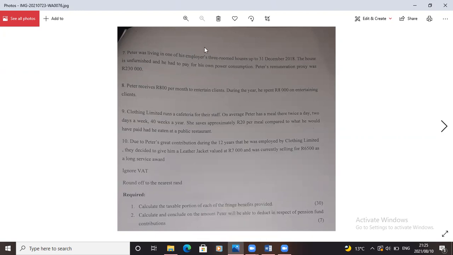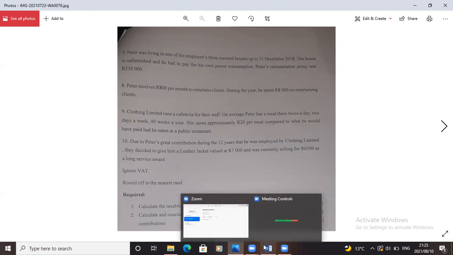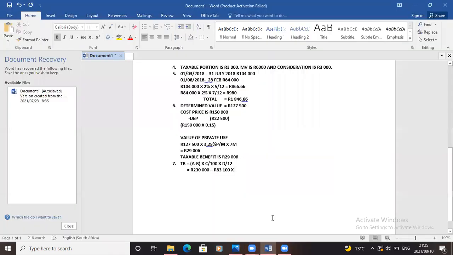Then how many months? Peter was living there up to 31 December 2018. How many months? 10 months, which we multiply by 17 over 100 times 10 over 12.